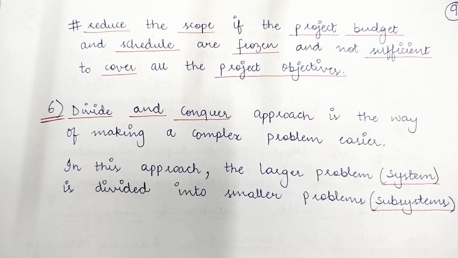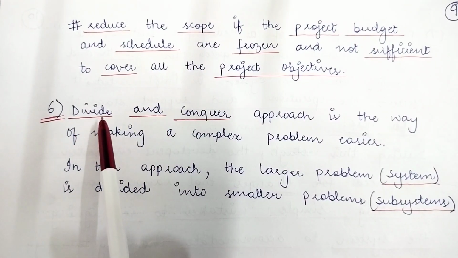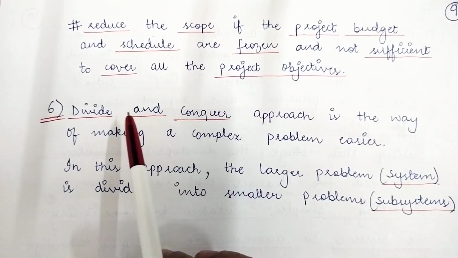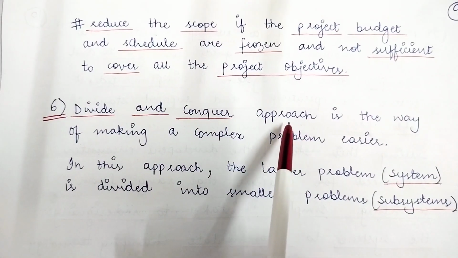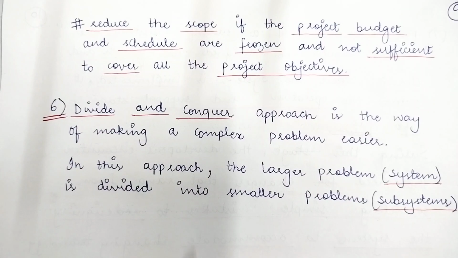at each checkpoint. Now the last rule for developing a system development life cycle is that you should divide and conquer. You should use the divide and conquer approach. That is the only way of making a complex problem easier. We have studied modular design, modules, and even computer networks.